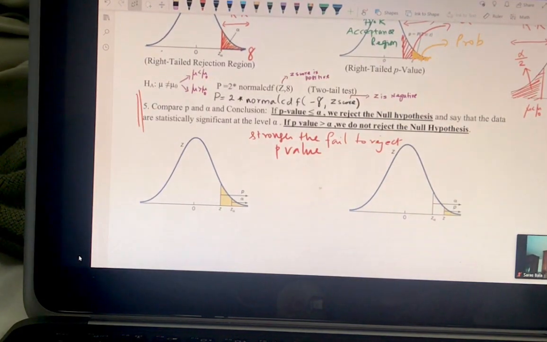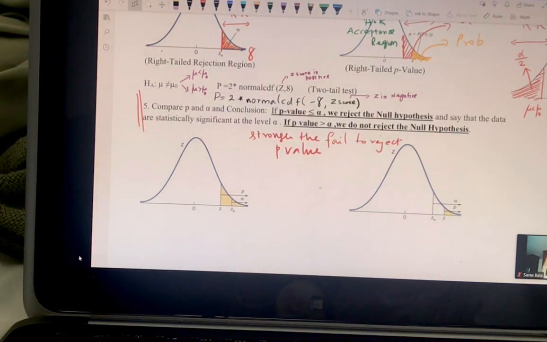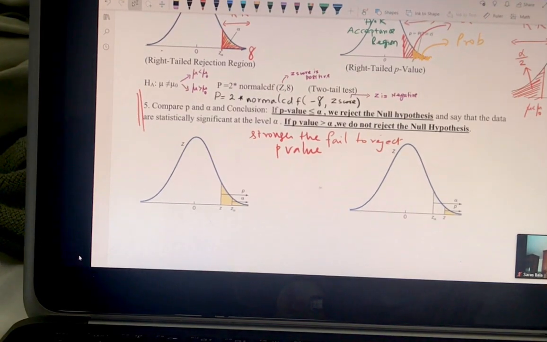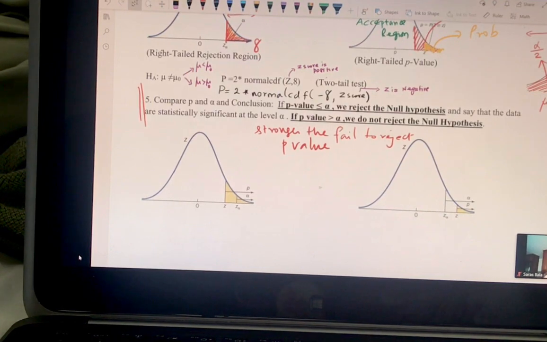All right. So if your p-value, the probability value that you got based on the sample data, is less than or equal to alpha, you are going to reject your null hypothesis, and with a larger p-value, you fail to reject the null hypothesis.